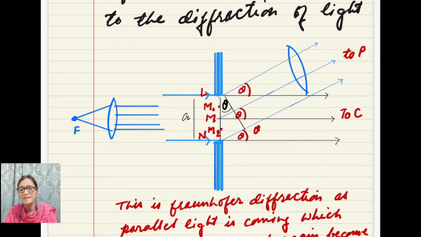To obtain this in the laboratory, we take help of two convex lenses, and we put the source at the focus of the first, so that light rays become parallel, as if they are coming from infinity. And then after diffraction also we place a lens in the path of the rays of light, so that they can be focused on a single point and can be observed. So these are the things.